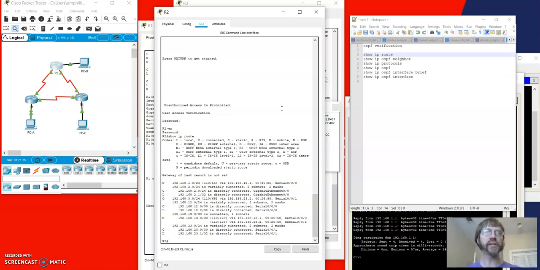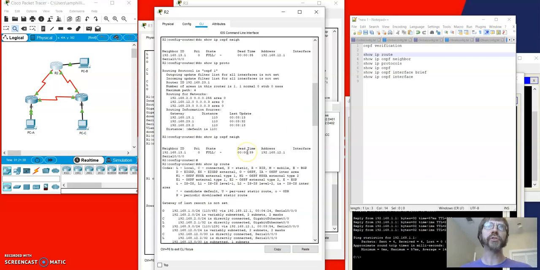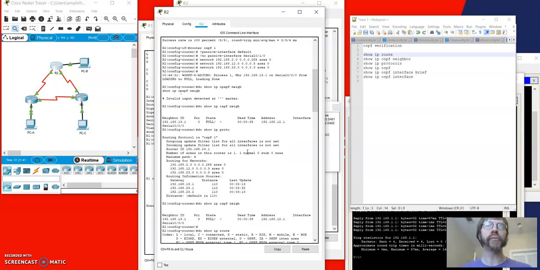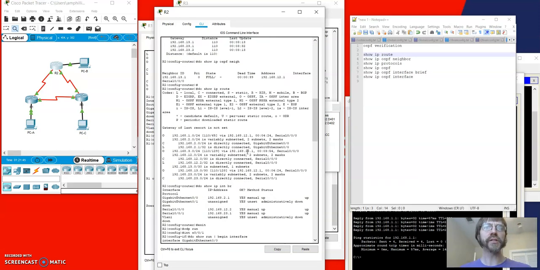And the fact that router 2 and router 3 didn't have one was a big red flag. One of the other things that told me that things were not quite right is that, scrolling back up here on router 2, I noticed that I had an indirect route, shall we say, from 192.168.2.0 to 192.168.3.0.